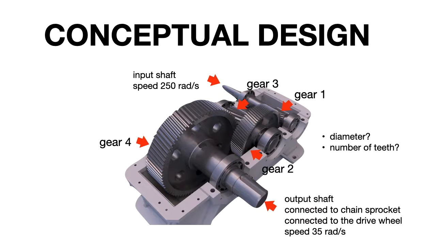Okay, the output shaft is connected to the chain sprocket and it is connected to the drive wheel, and we want the speed to be 35 radians per second. So of course, all your conceptual design and design ideas have to be supported with some legit and valid mathematical calculations.